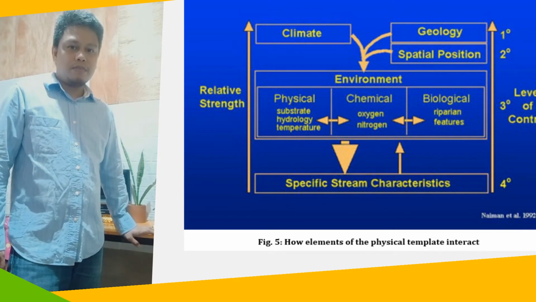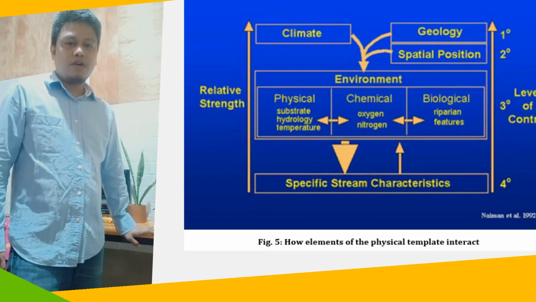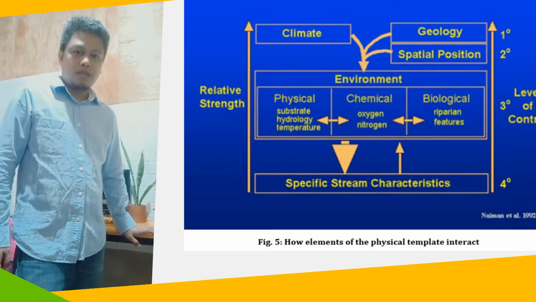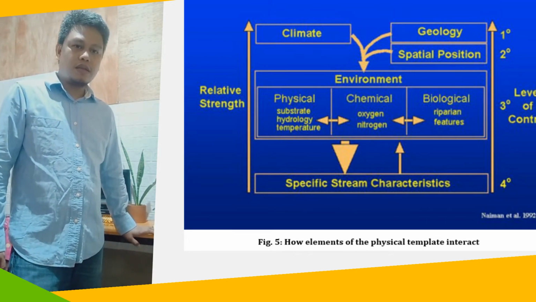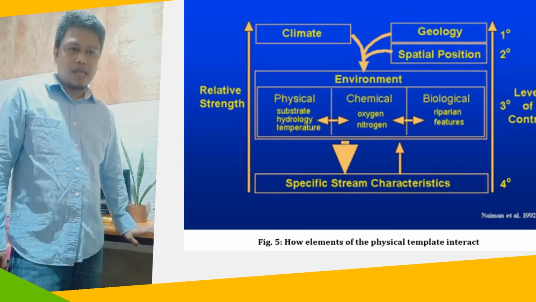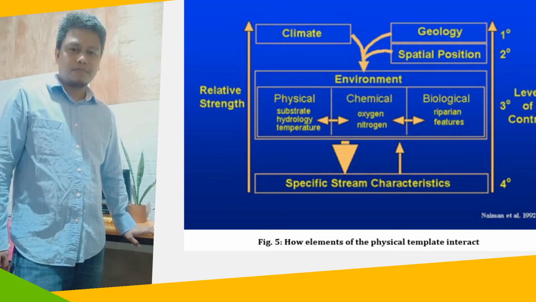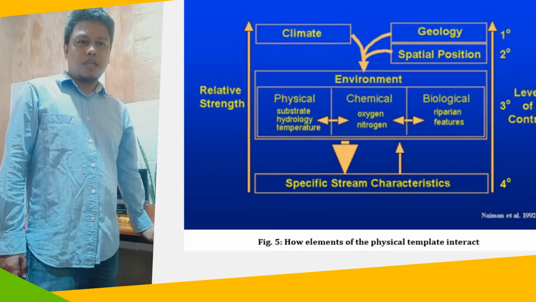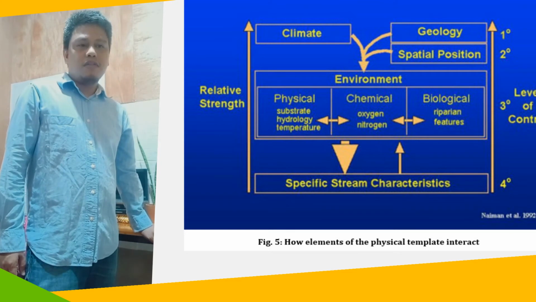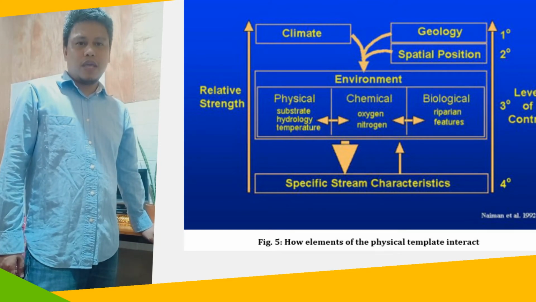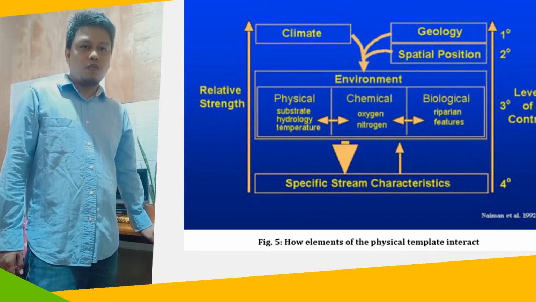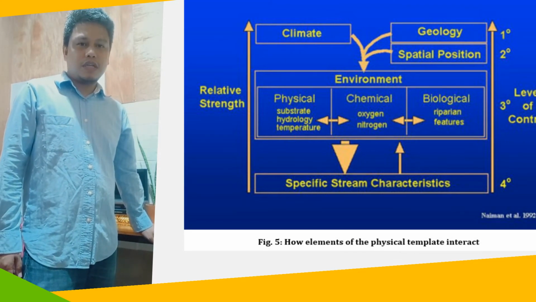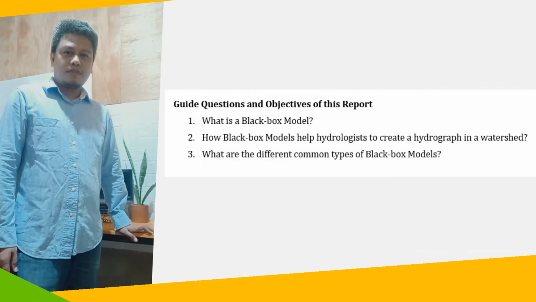In this diagram, Figure 5, the strength of influence on the watershed is represented in two ways: the relative size of the arrows and the level of control indicated at the right side of the diagram. As a result of different combinations of these formative processes, varying types of watersheds are created, differentiating from other watersheds of different origin and physical template conditions.